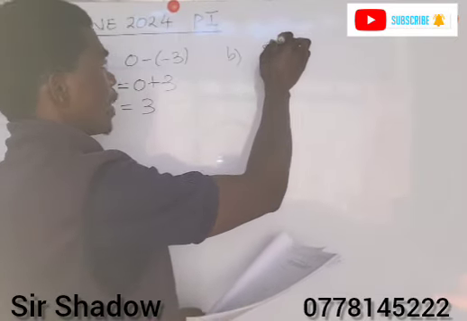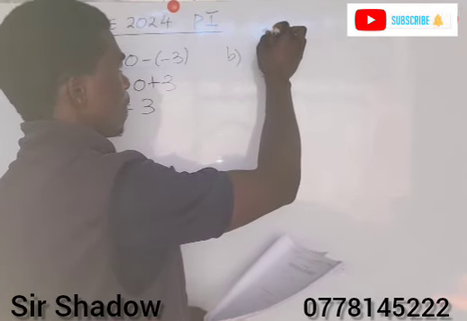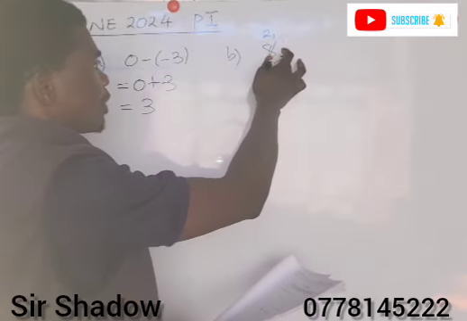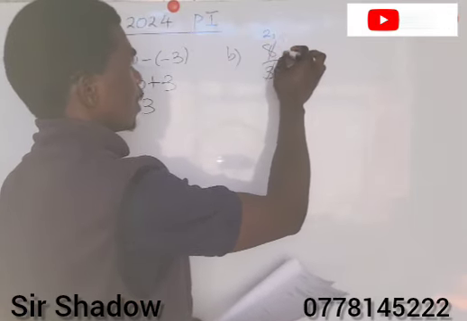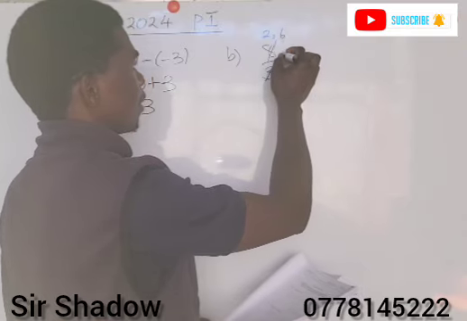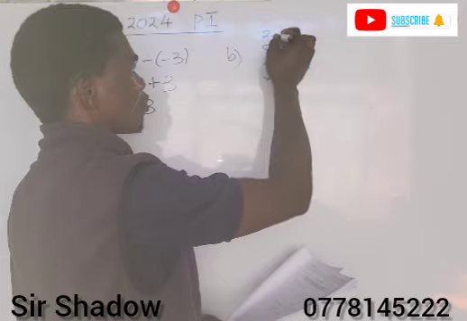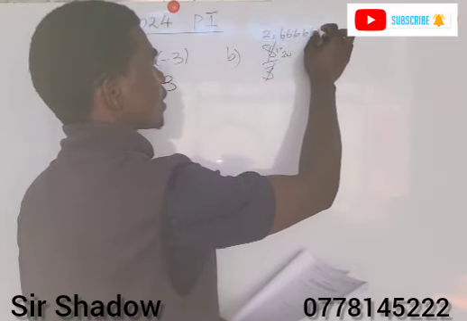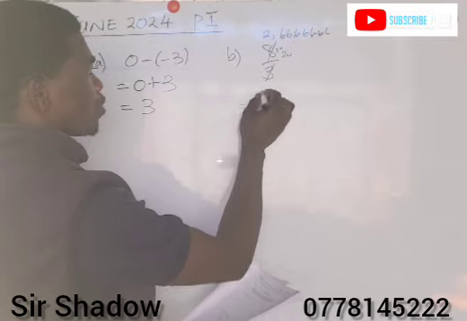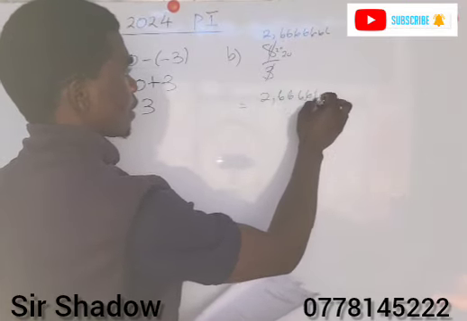So 3 into 8 is 2, comma. Then 3 into 8 is 2, remainder 2, into 26, remainder 2, into 26. So it becomes 2 comma 6, 6, 6, 6, 6, up to infinity.